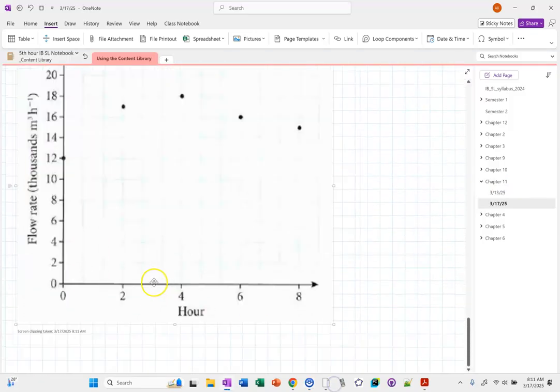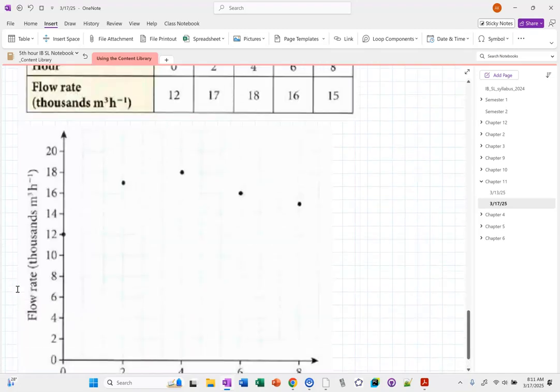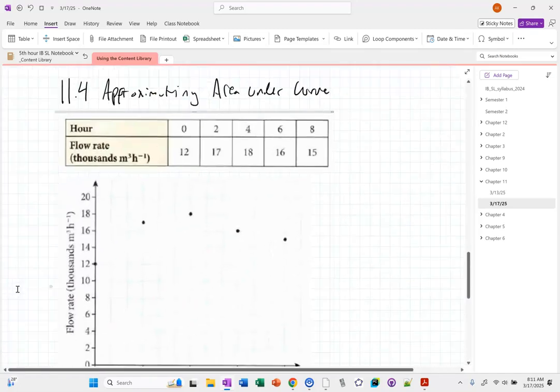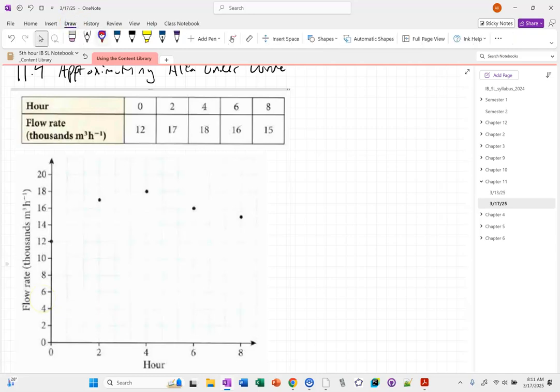So I can like take some measurements, and maybe if I wanted to, I could graph them. If I wanted to then calculate how much flow went through this pipe or whatever in those 8 hours, that's equivalent to finding the area under the curve, but I don't have a curve.